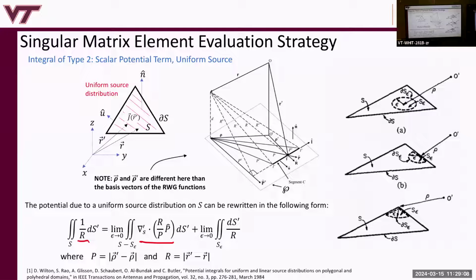We haven't applied the surface divergence theorem yet. We've written it like this so we can integrate the divergence of some function over the triangle's domain. Then we can use the surface divergence theorem to convert the integral of the divergence into a flux integral of this function, R over R hat, through the perimeter of the triangle. First you have to understand where this comes from.